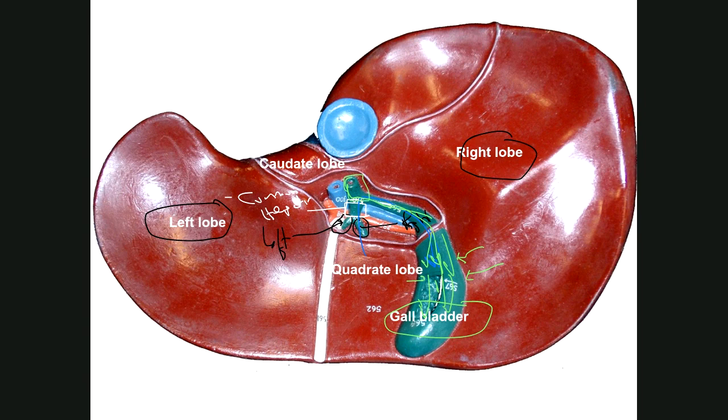We have this one, which is called the cystic duct, and this one, which is called the common bile duct. So we have these ducts.